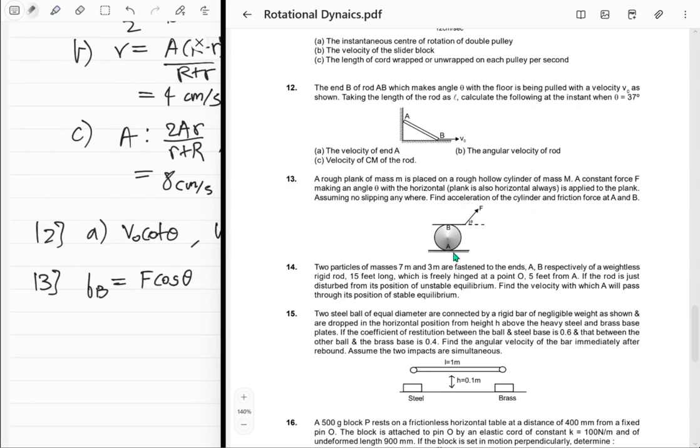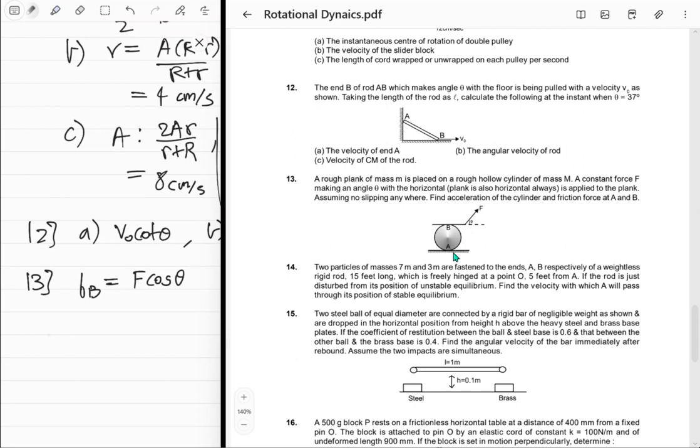Angular acceleration, that's going to be this friction force, F cosine theta, times... wait, what kind of thing is this? It's the hollow cylinder. Oh, yeah. Hollow cylinder, that's going to be mr squared as the inertia. So F cosine theta times 2r upon mr squared, that is our angular acceleration.